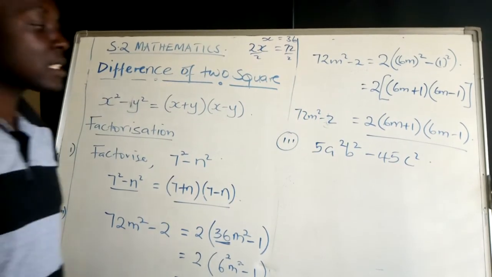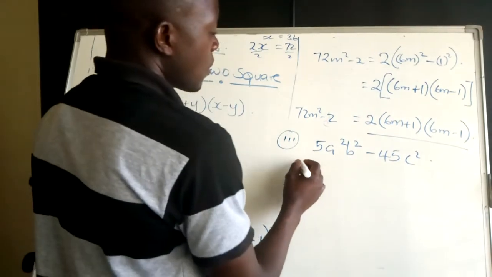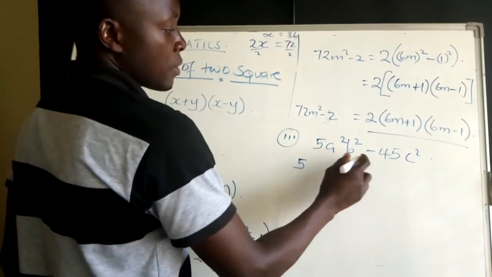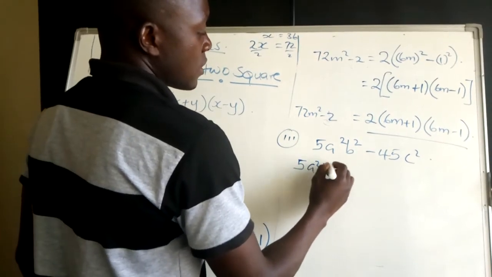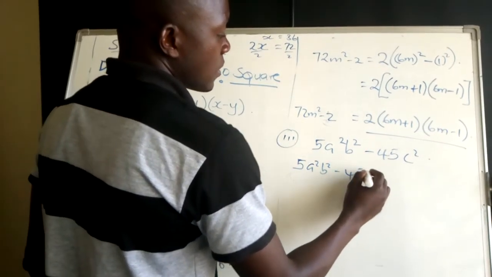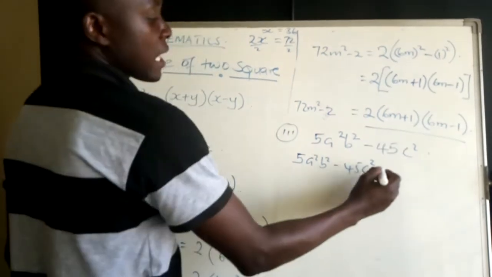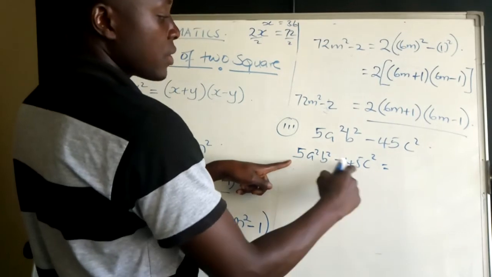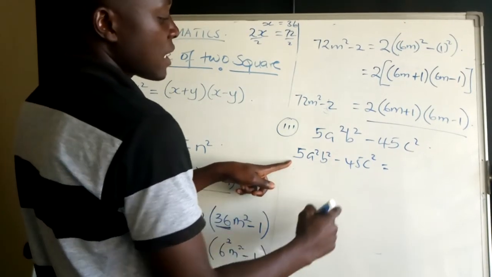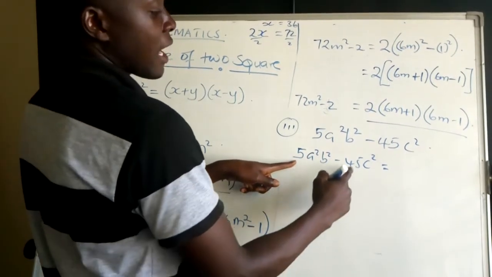If that's the case, I will start by looking for what is common between 5a squared b squared minus 45 c squared. If I look at this, always what's common is compare the figures, the constants that are in front of these terms. I have a 5, I have a 45.